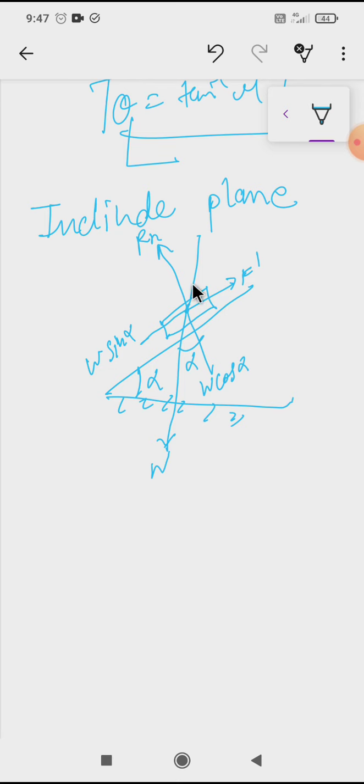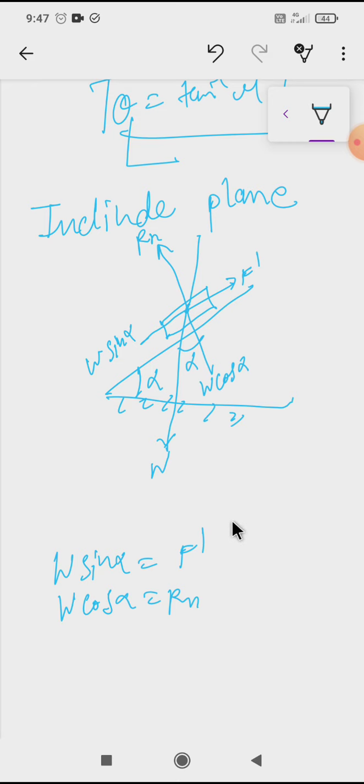Under equilibrium condition, if we resolve the forces, F dash will be equal to W sin alpha. And W cos alpha will be equal to Rn.